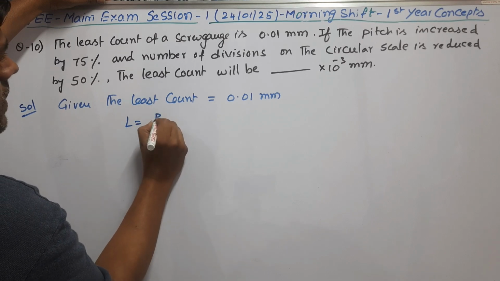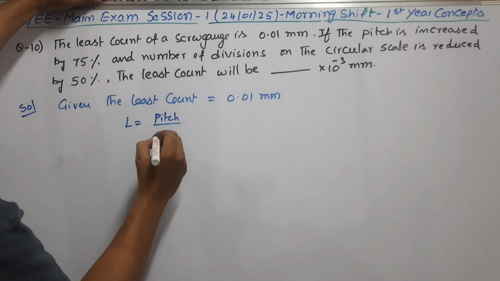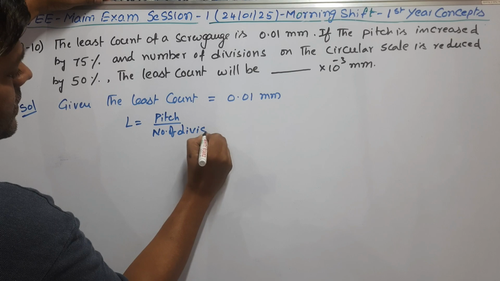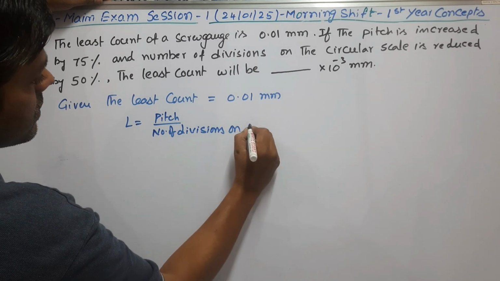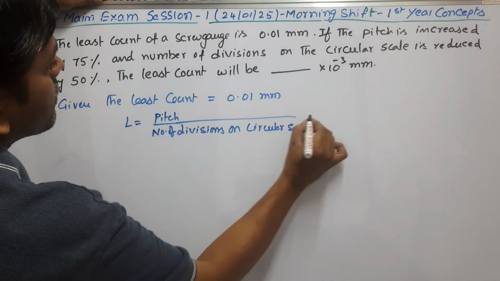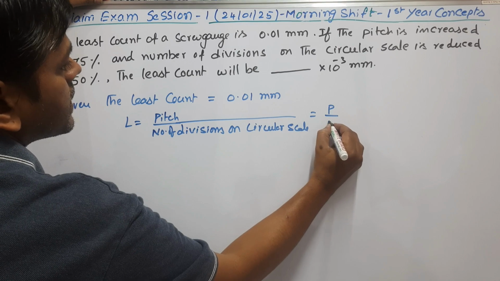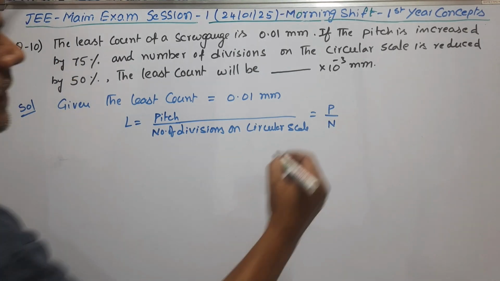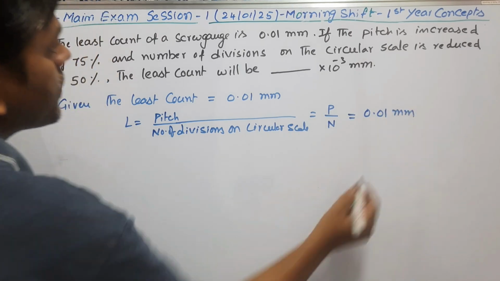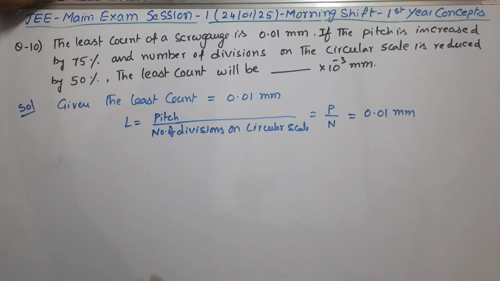Least count is equal to pitch P divided by the number of divisions on the circular scale, n, which is given as 0.01 millimeter.